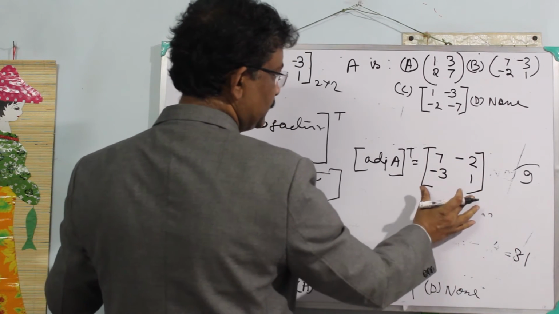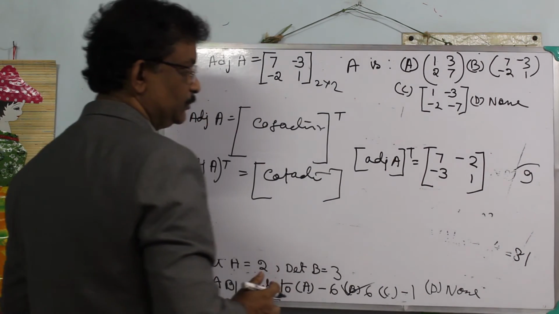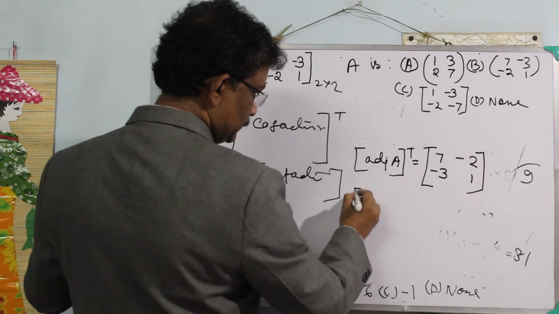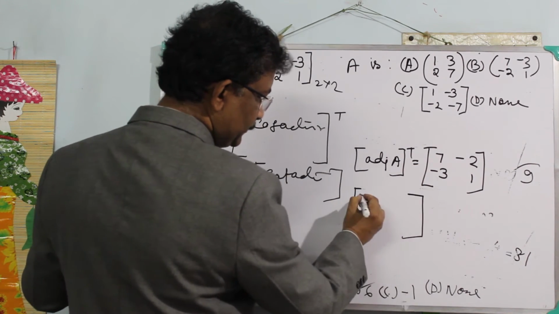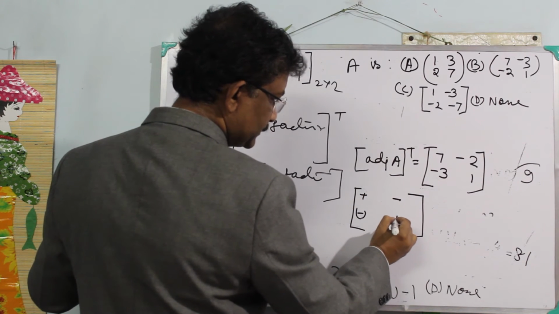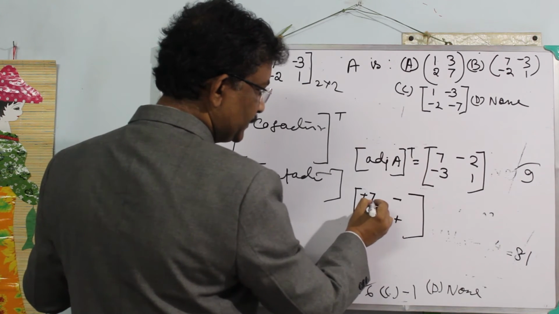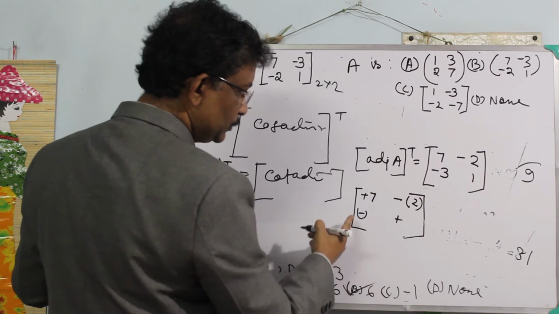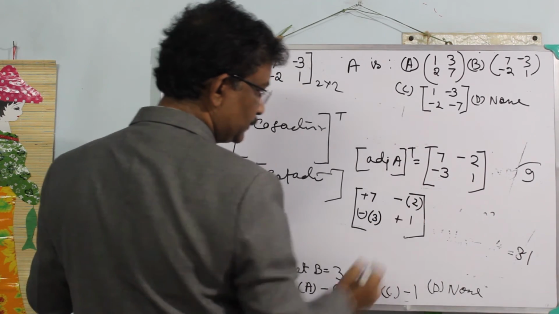This is actually the matrix of cofactors. You remember for the matrix of cofactors, the signs are plus, minus, minus, plus. So here 7, then minus, so inside it is 2, minus, so inside it is 3, and plus 1.